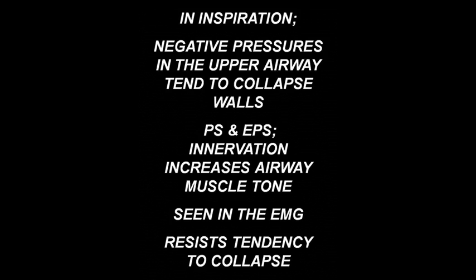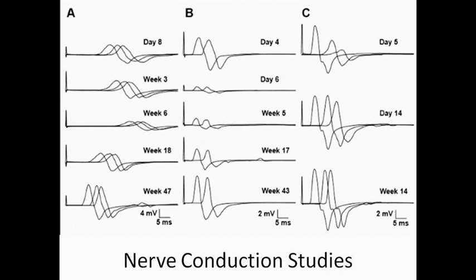To prevent such collapse, the pyramidal and extrapyramidal motor systems automatically increase innervation to the muscles of the upper airway at the start of inspiration, thus increasing muscular tone, making the upper airway somewhat more rigid and less likely to collapse. We know this because this can be seen when monitoring neuronal traffic in the nerves innervating these muscles.